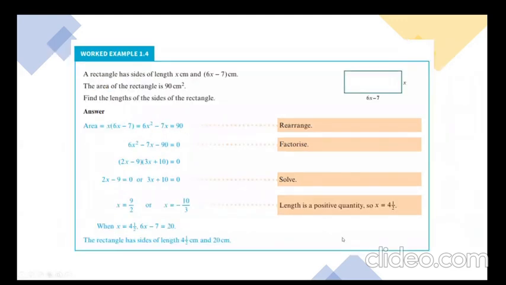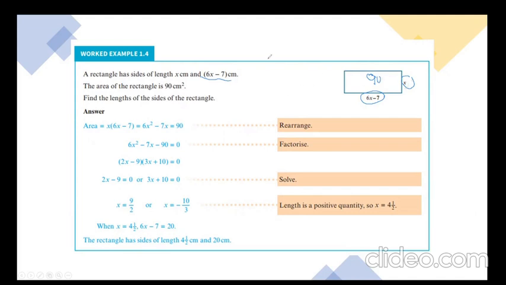Now 1.5, 1.4. A rectangle has a side of length x centimeter, and the other side is 6x minus 7. The area is 90 centimeters square. Find the length. We have to find the value of x.